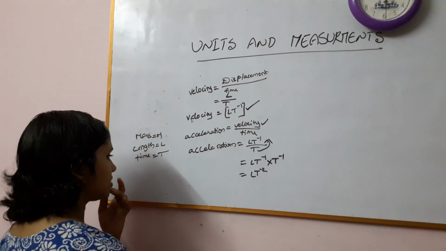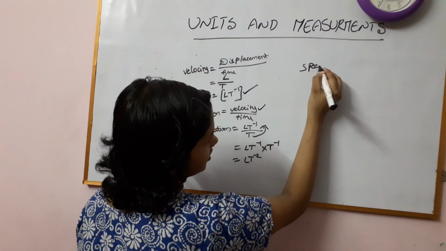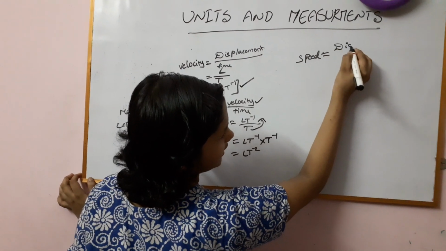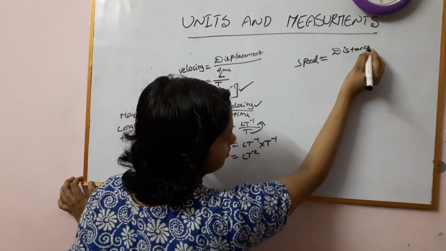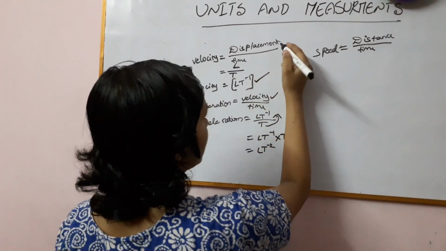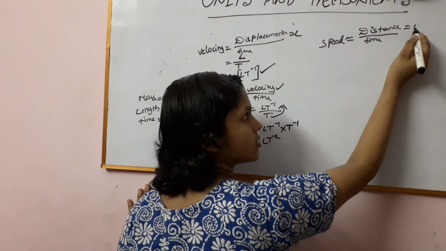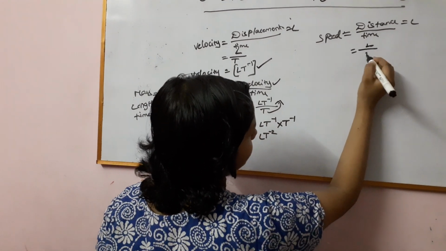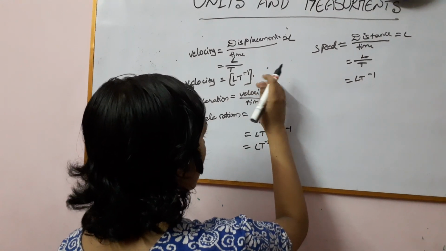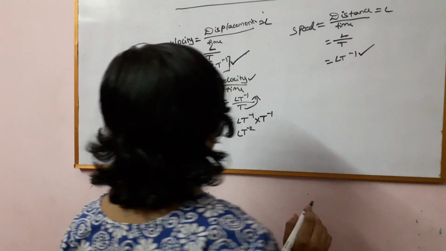Next we'll write some more. What will we write? Speed. Speed is equal to distance by time. What is distance? If the displacement is L, then distance is also L, so L by T, LT power minus 1. See how? Velocity is equal to LT power minus 1.